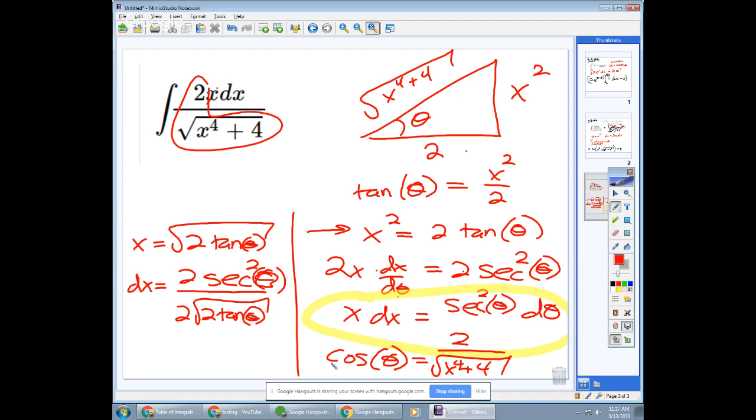That's cosine. I have x dx right there, which is secant squared of theta. I'm going to sneak in blue underneath. I believe this turns into the integral of the cosine of theta times the secant squared of theta.